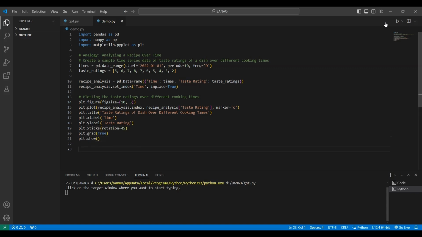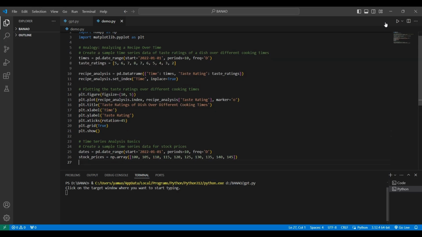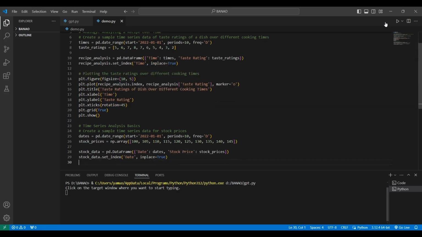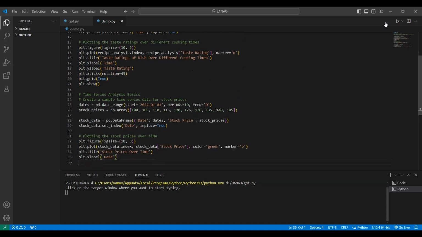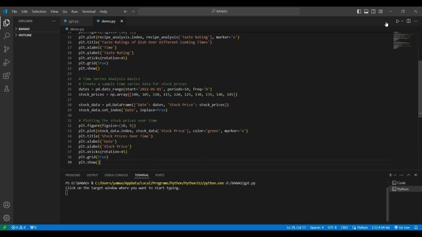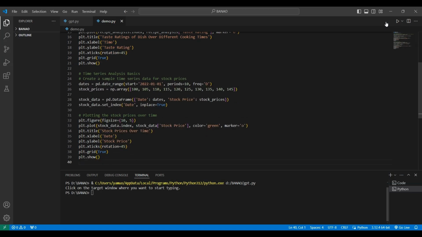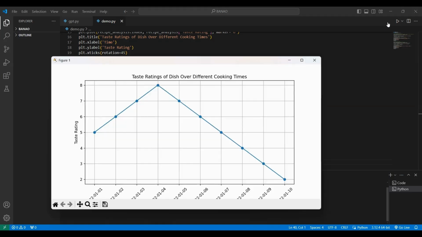Moving on to the time series analysis basic part, a sample dataset for stock prices is constructed in a data frame named Stock Data. The stock prices data is then plotted to show the fluctuations and trends of stock prices over time. This demonstrates the fundamental concept of tracking and analyzing time series data in the context of financial markets.